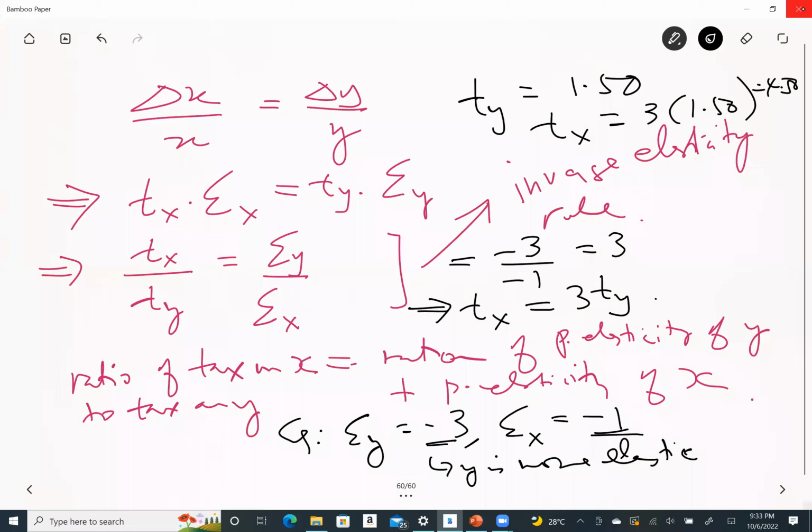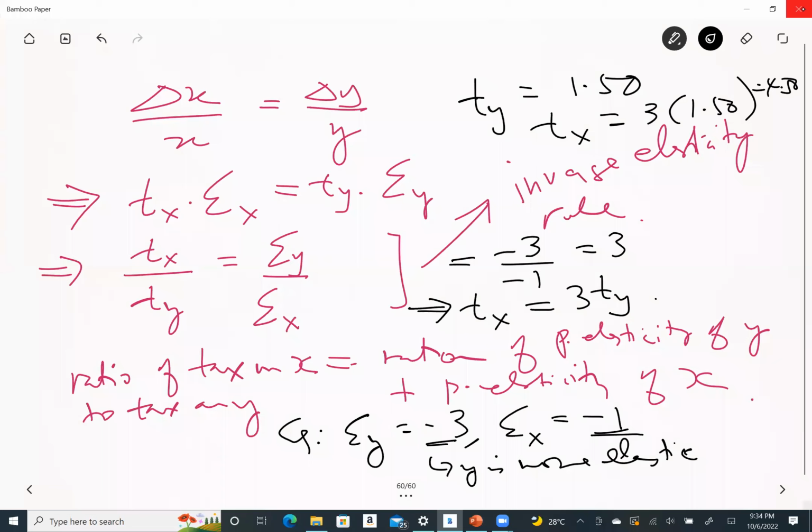So as the rule that we already know, the more inelastic the demand, the less price change, and less price change means the excess burden will be smaller. Now you're going to relate the excess burden to the tax. You tax goods with lower elasticity relatively higher than goods that have higher elasticity of demand.